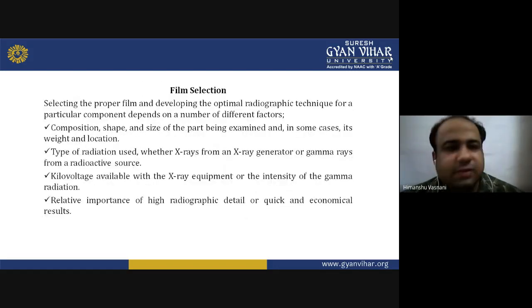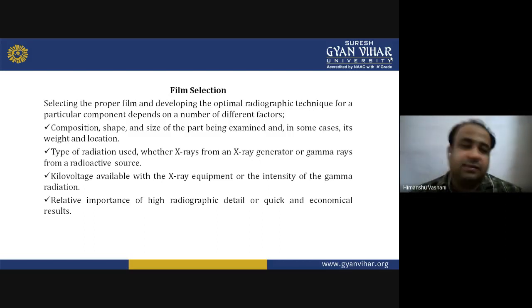Now when we go with the film selection, what should we do? Selecting a proper film and developing an optimal radiographic technique for a particular component depends on a number of factors like composition, shape, and size of the part being examined.